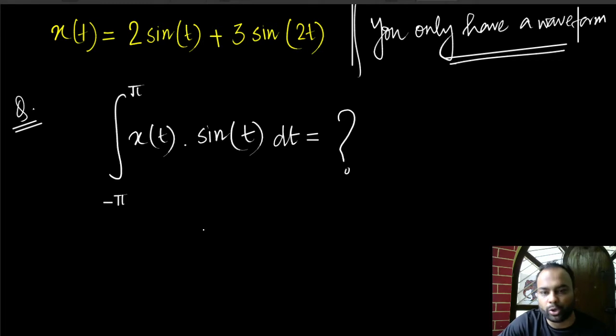Again, without doing any calculation, what am I supposed to see? This is the signal, and I don't know what the signal is. Imagine. But if I can somehow multiply the signal with sine t and do an integration from minus pi to plus pi, what am I supposed to see? Which is 0. Why?